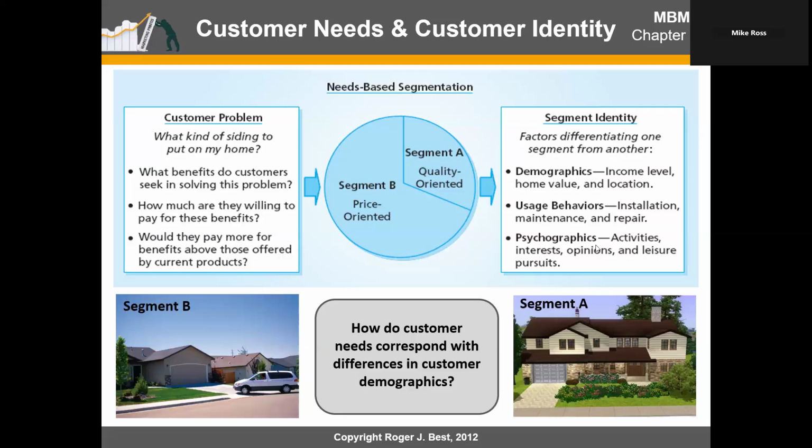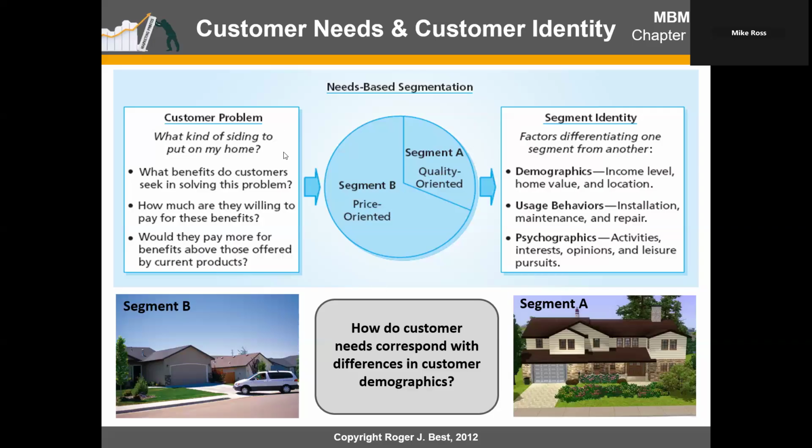Maybe their interests, what we call psychographics, their activities, interests, opinions, and leisure pursuits, are more focused on quality as opposed to price. It's sort of a misnomer because it implies that people that are price oriented are not focused on quality, which isn't the case. What I might say differently is that maybe segment B is value oriented, and segment A is luxury oriented, something like that.